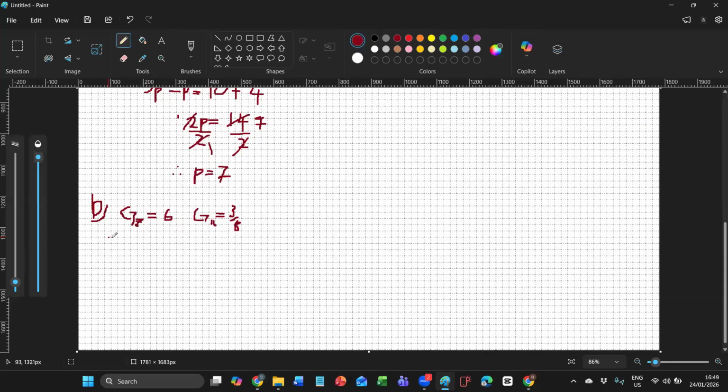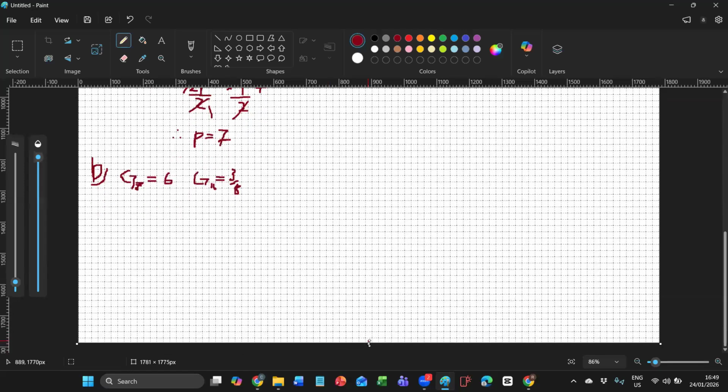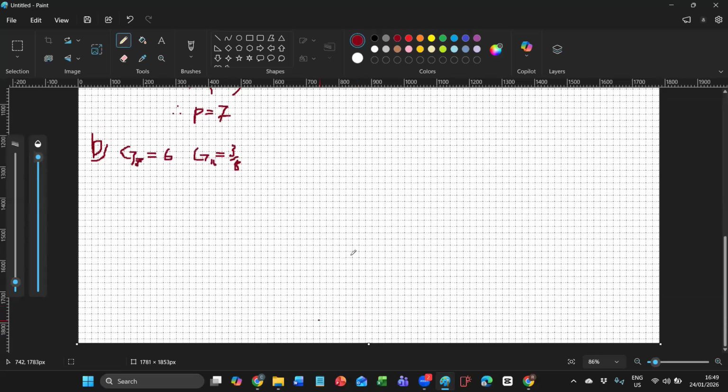Okay, so the seventh term, according to a geometric sequence, is given by A times R raised to power 6, right? Yes. So we can now safely conclude that 6, which is the seventh term, is equal to AR raised to power 6.